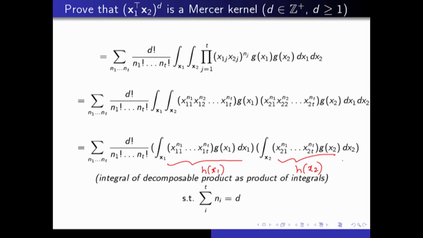What do we realize? Well, we realize that ultimately you're integrating over all x1 and all x2. So these two terms are the same. What you basically have is summation over some factor of the square of an integral h of x1 dx1 square.